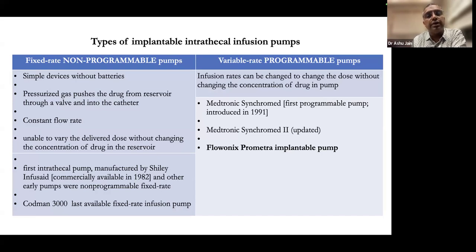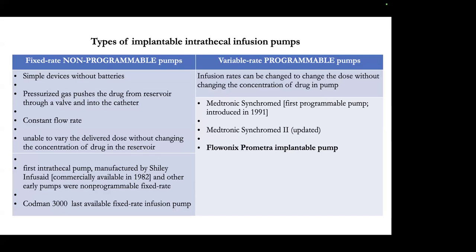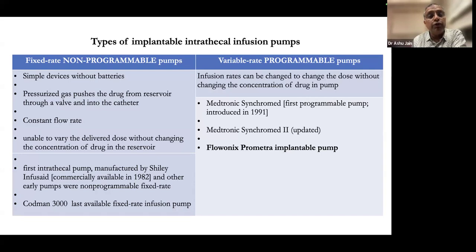So if you want to change the drug, you have to refill the pump again. That is their biggest disadvantage. But what is the advantage? They can work for life. You don't need to change them, and they are much cheaper as compared to programmable pumps.